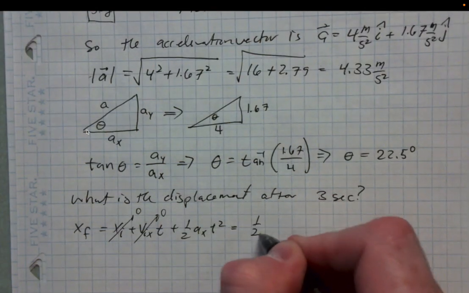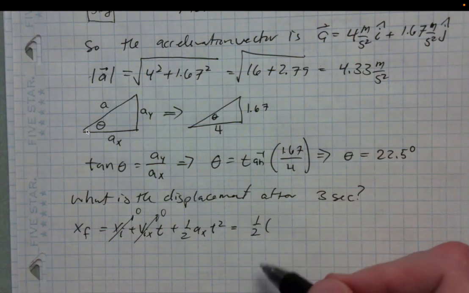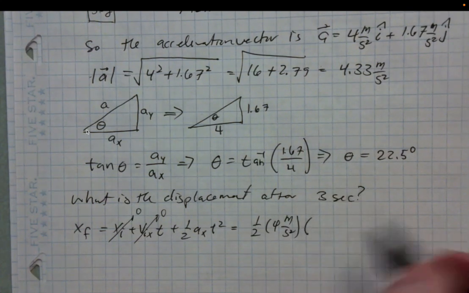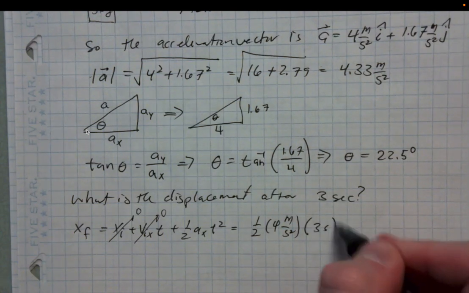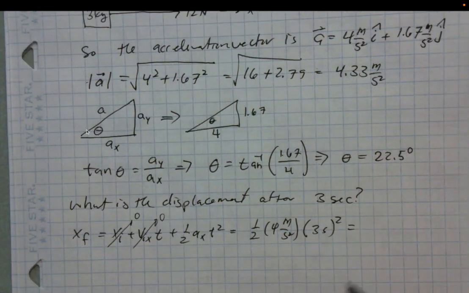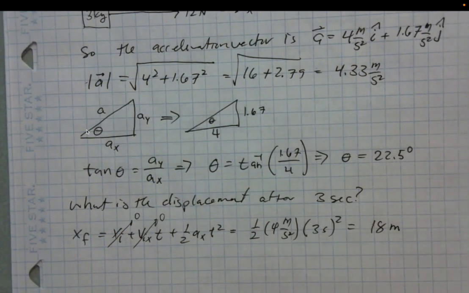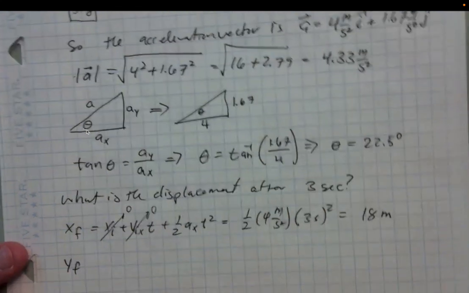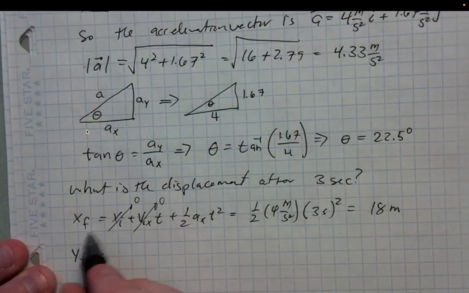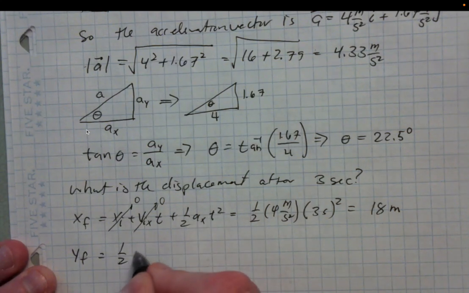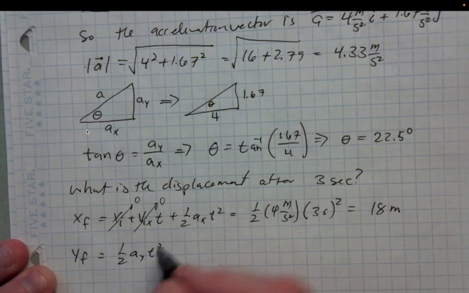It's 1/2, and then the acceleration in the x direction we saw is 4 meters per second squared, for 3 seconds squared. When you do that math, you get 2 times 9, so 18 meters. So this thing moves 18 meters in the x direction. For the y component, you get 0 and 0 again, so it just jumps straight to 1/2 a sub y t squared.